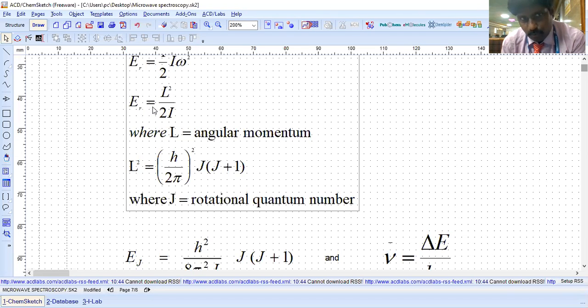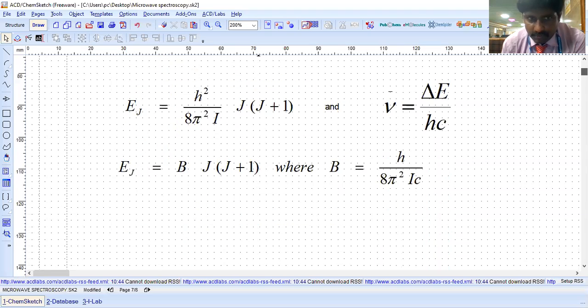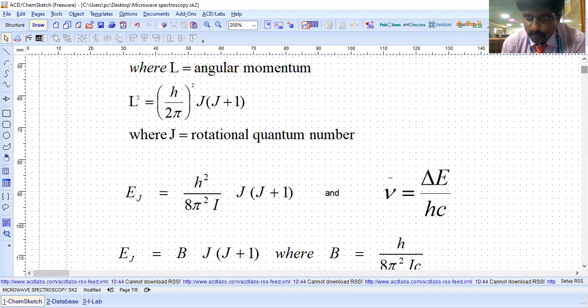That is energy equal to 1 by 2I into h square by 4 pi square into j into j plus 1. Instead of writing 4 and 2, 8, directly we can write the energy of the rotational level Ej equal to h square by 8 pi square I into j into j plus 1.